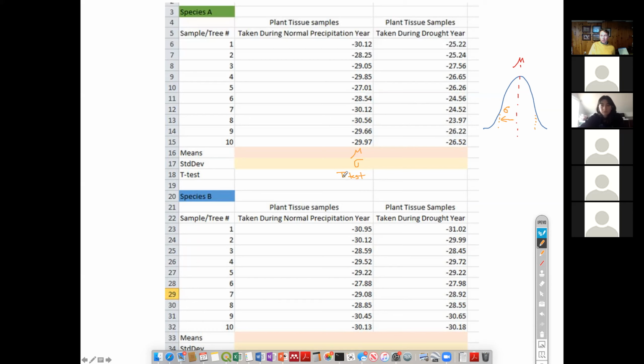All right, we're going to do that for species A and again for species B. And then we're going to answer some questions. We're going to make a bar chart like the one we looked at previously.